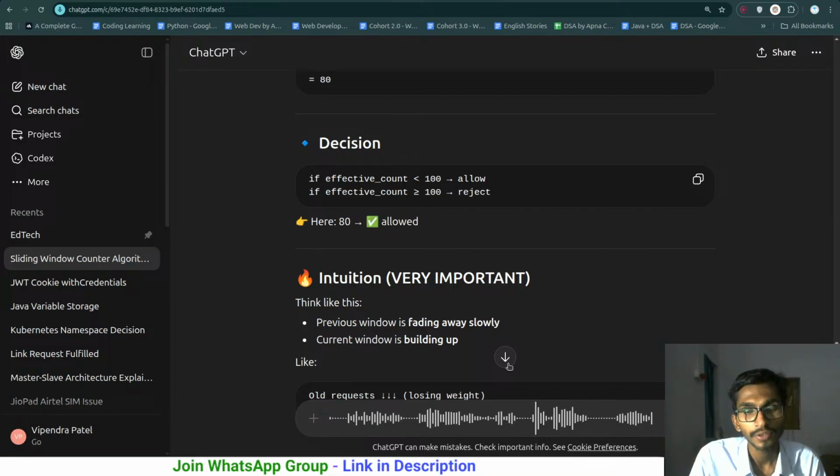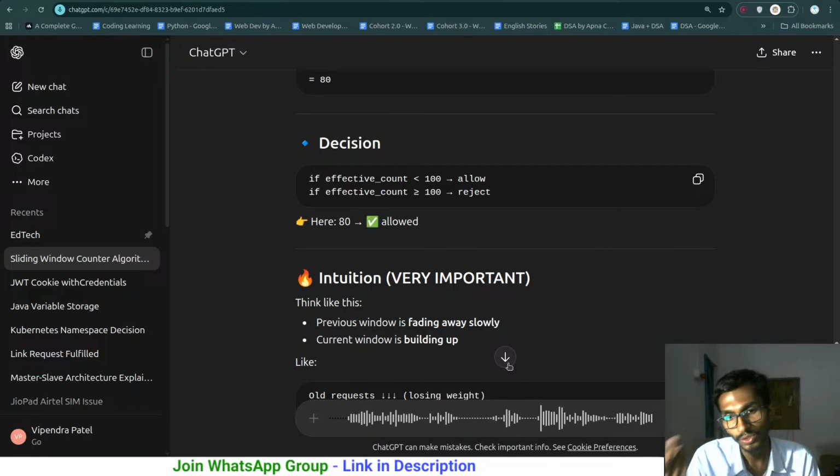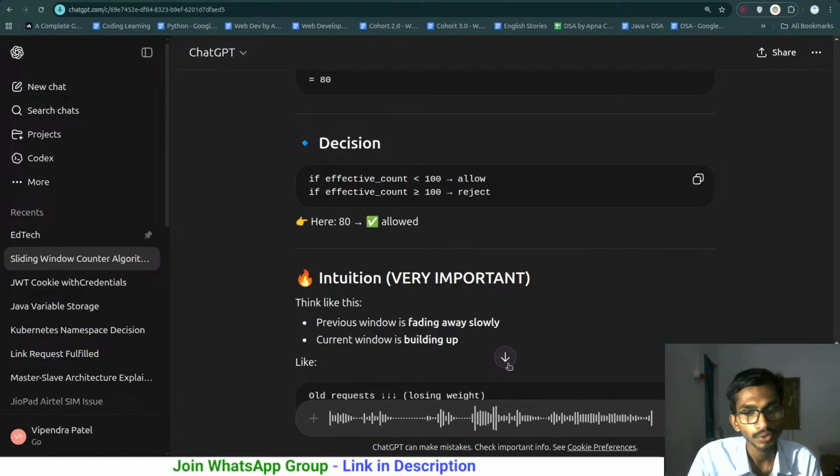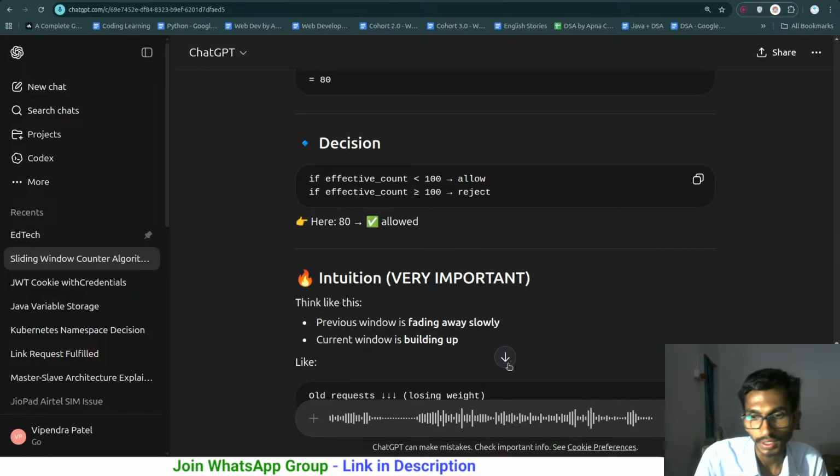And when we get the effective count, that is actually 80. So if we count the number of requests directly, the previous window has 80, the current window has 20, that equals already 100. So it should not be accepting any more requests. And when we calculate the effective count, it comes to 80, which is less than 100, so it is going to be allowed. So how does it make sense and how are the things connected?